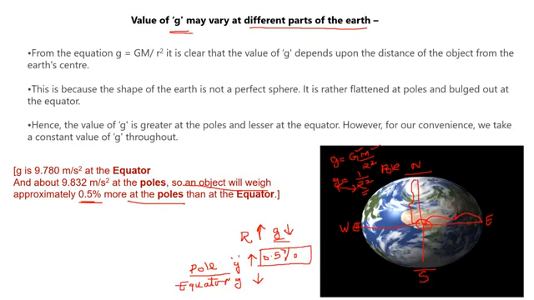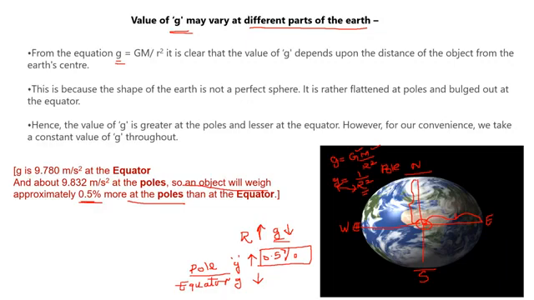Okay, so let's go through the statement from here. From the equation, g, acceleration due to gravity, is equal to the universal gravitational constant G into the mass of the earth divided by the square of the distance between the object and the center of the earth.